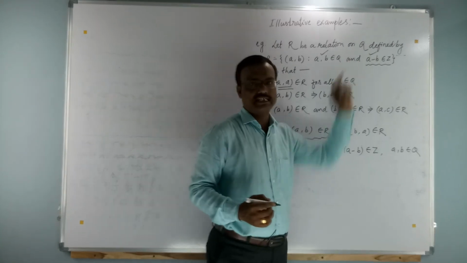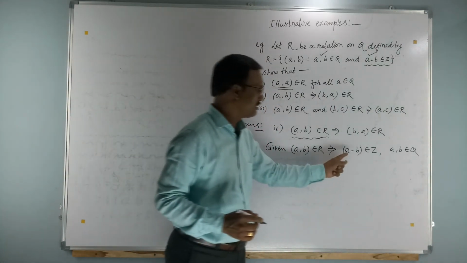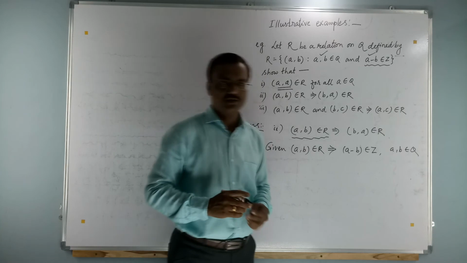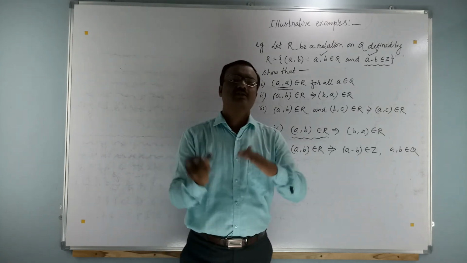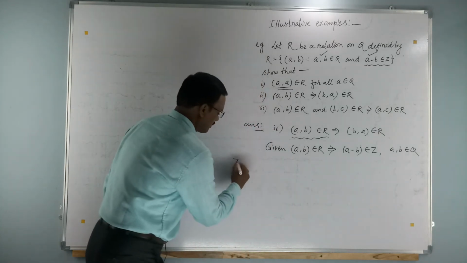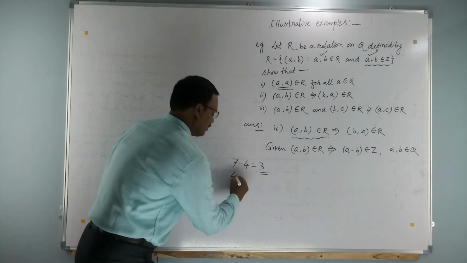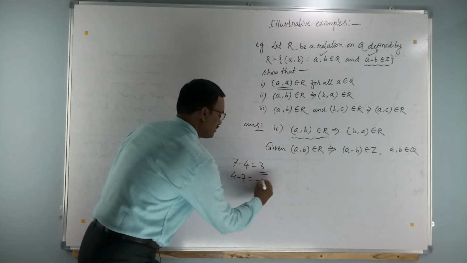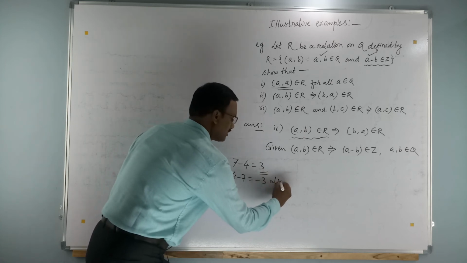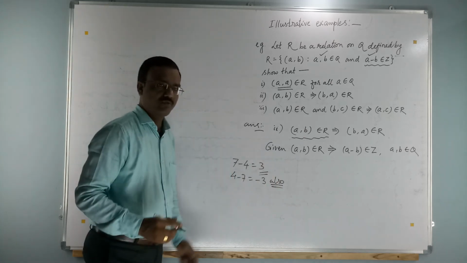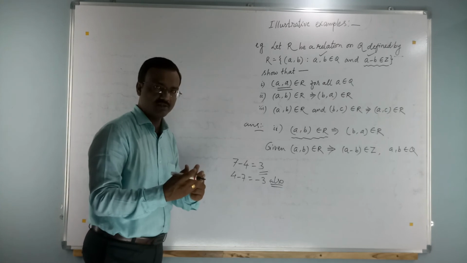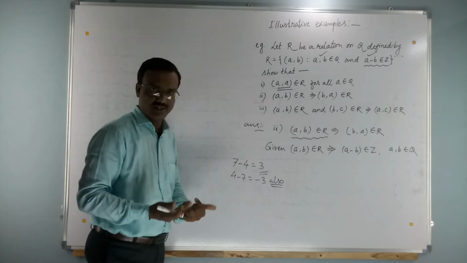Now since a minus b is an integer, we know that if 7 minus 4 is 3, an integer, then 4 minus 7 is minus 3, which is also an integer. So whenever a minus b is an integer, b minus a is also an integer.